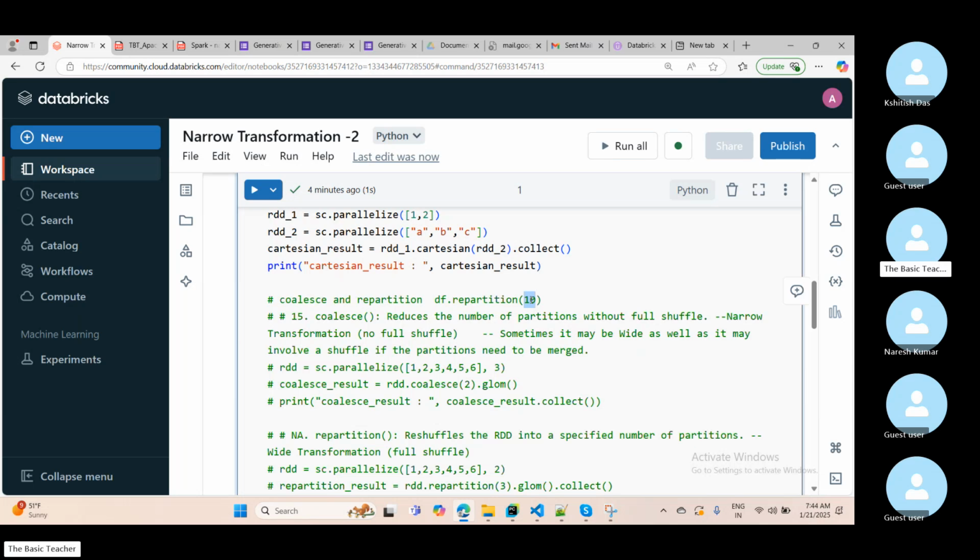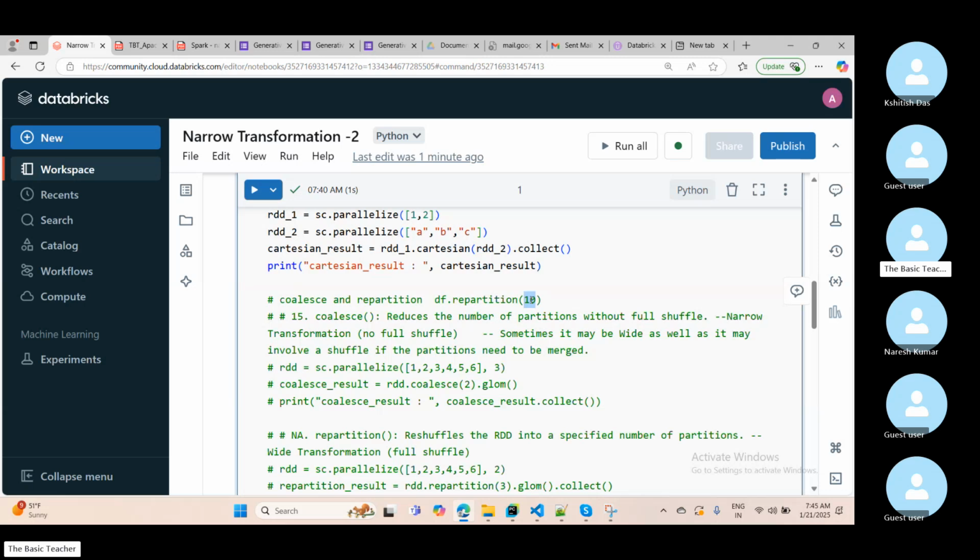If you are calling coalesce, then the internal process is a bit different, and it is not going to make sure of that like repartition does. I'm not saying that in coalesce there will not be any redistribution or shuffling of data. It will, but not like repartition, because repartition makes sure you get the data distributed evenly between the nodes. That's why repartition causes lots of shuffling, and coalesce doesn't do that.